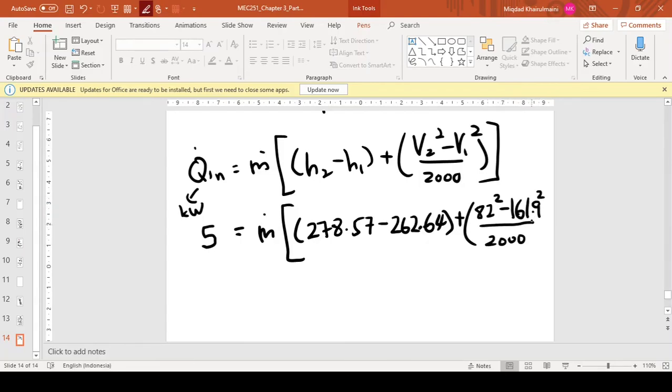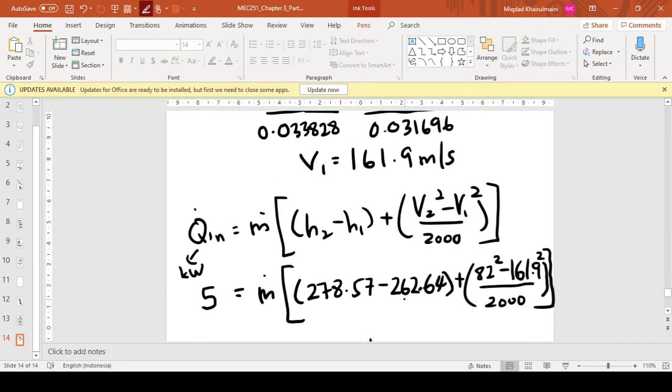Be careful of the brackets. Solving this, hopefully if I'm not wrong in my calculation, we should get 0.808 kilograms per second. So this is the answer for the tutorial question in chapter 3.